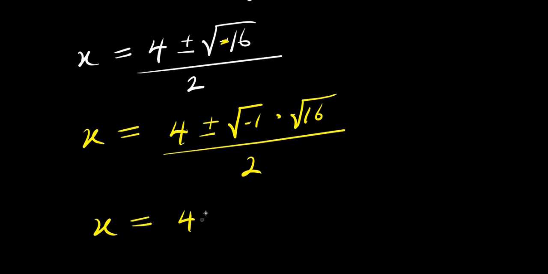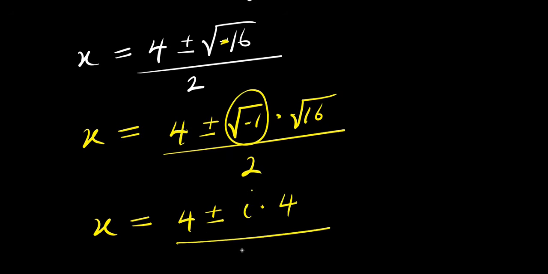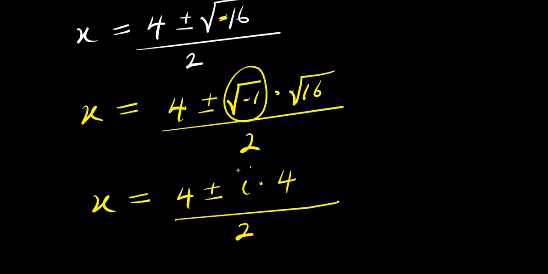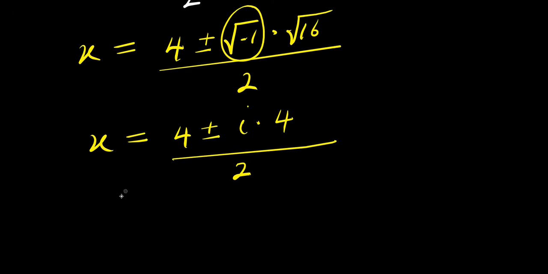Square root of negative 1 here is i, times square root of 16, that is 4, divided by 2. So from here we have x equals 2, cancel this 2, cancel this 2. We have 2 plus or minus 2i.